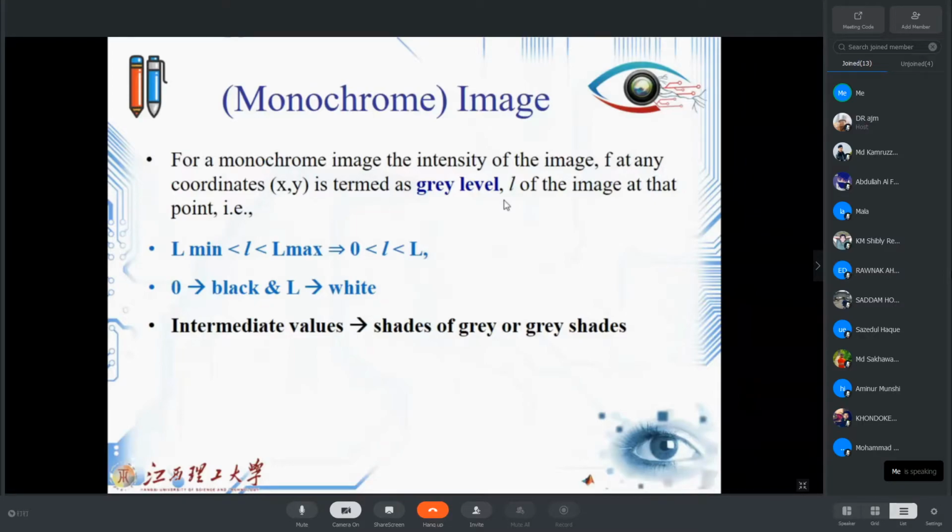Then we can say that L has the domain between two values, white and black, at the minimum and maximum part. And some intermediate numbers between black and white can be gray or gray shades.